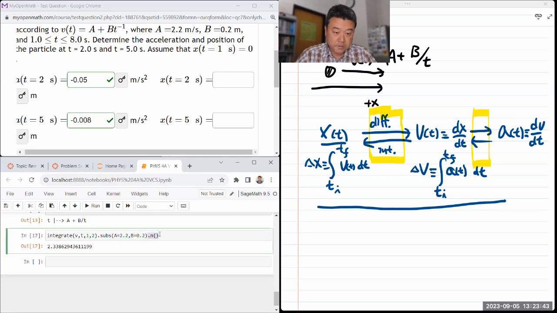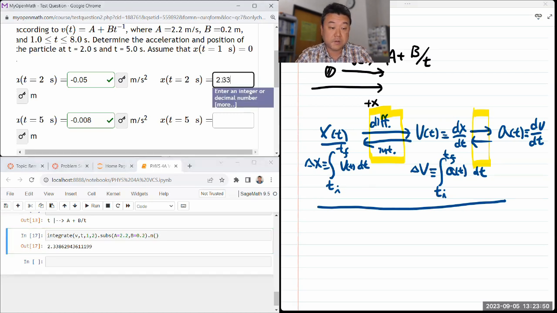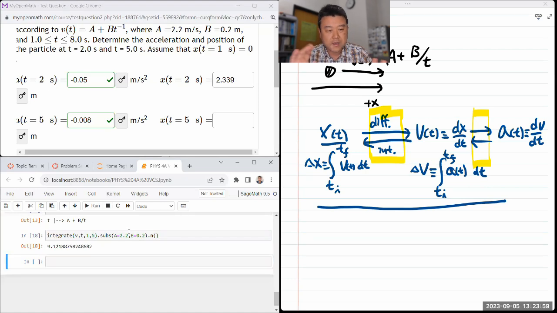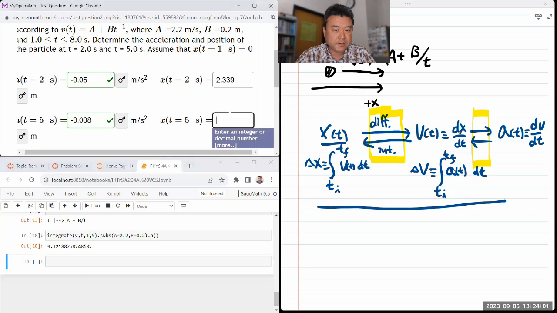This last function is giving me a decimal approximation, so I can enter my answer as a decimal instead of having to put the log and whatever into a calculator. This number I want to change to 5.